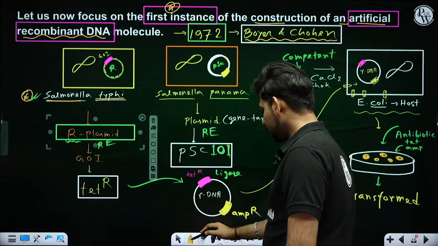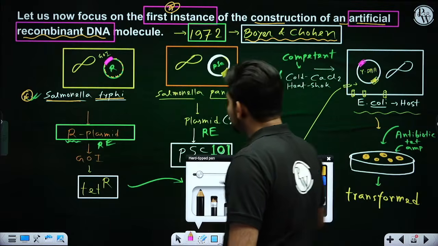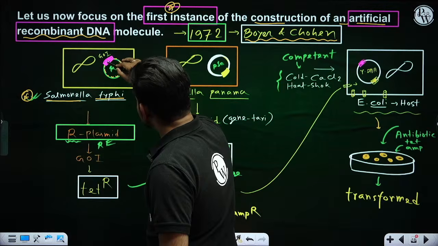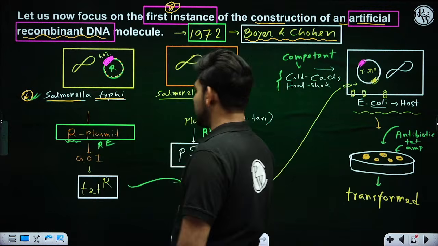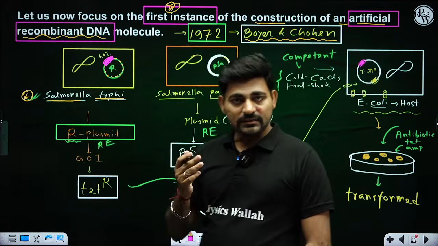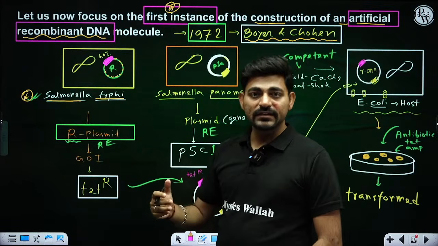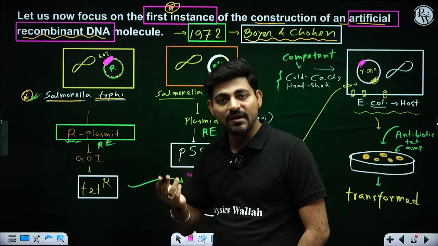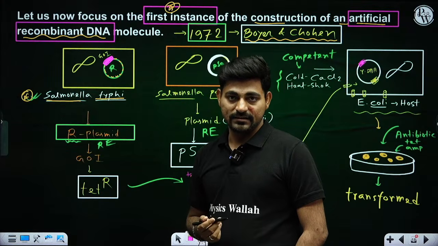That R plasmid contained a very special gene which has the capability to inhibit the effect of the antibiotic tetracycline.